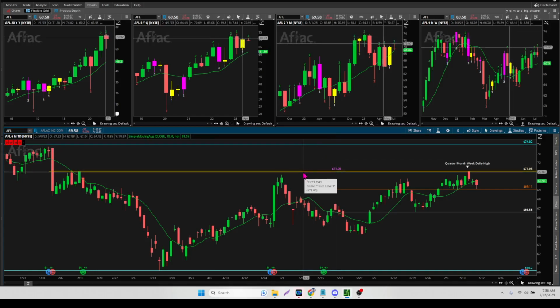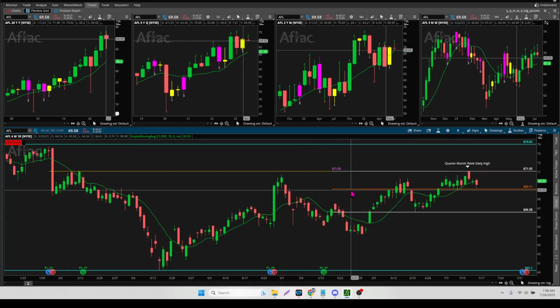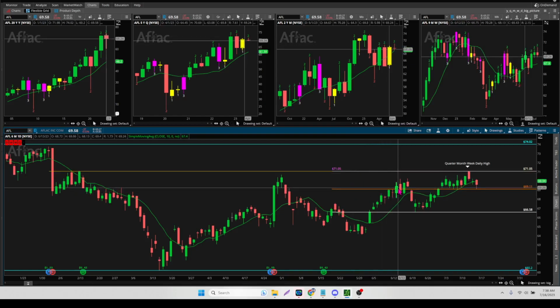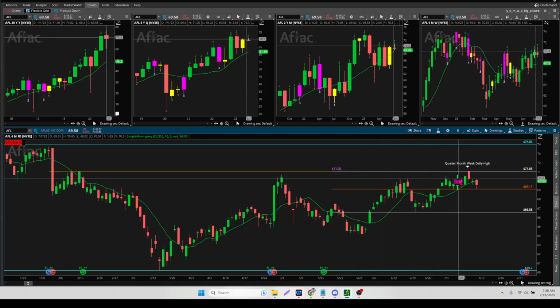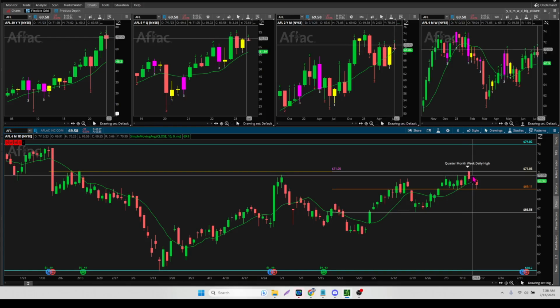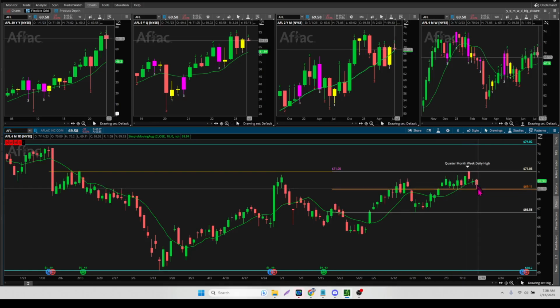Then I've got kind of a mango color that is my quarter, I use purple for my month, and orange for my week. You can really see how Aflac tried to go higher to take the quarter, the month, the week, the daily, and it put in a shooter, and then it paused, and then it followed all the way through to put in a new low for the week.